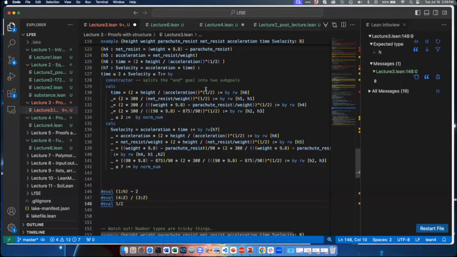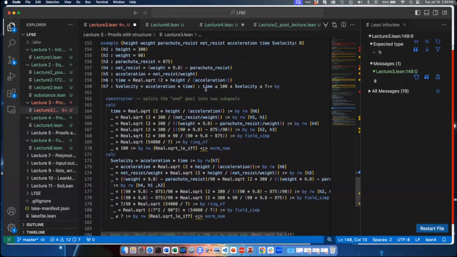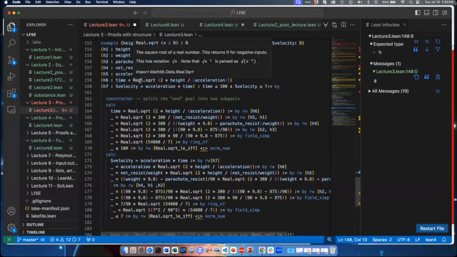Down below, you will see a different worked example where we change the definition of hypothesis 6 to be Real.sqrt. So now we're using a definition from Mathlib that simply says this is the square root of a real number. Notice this is also dealing with, this returns 0 for negative inputs.